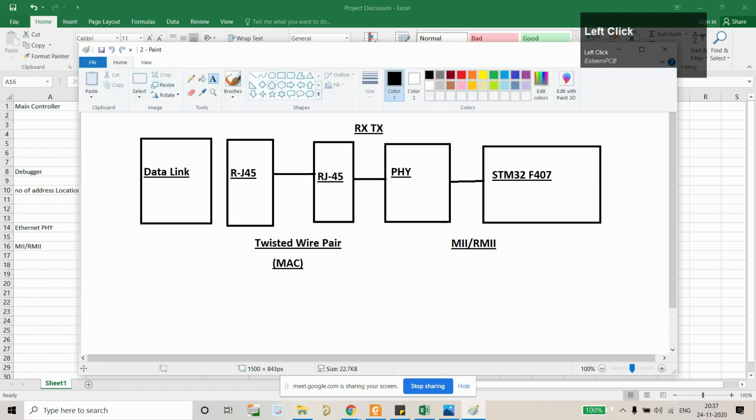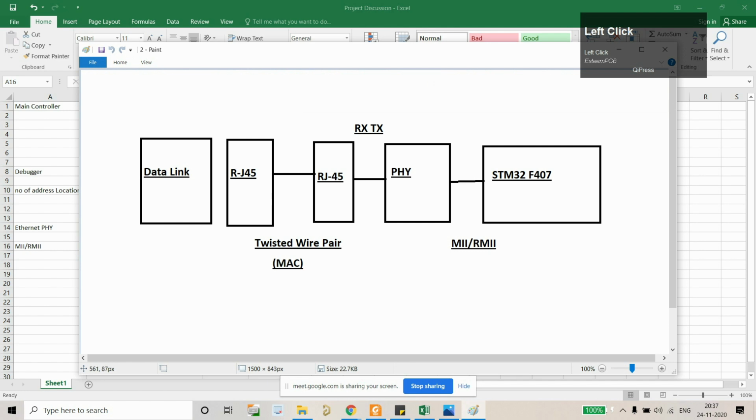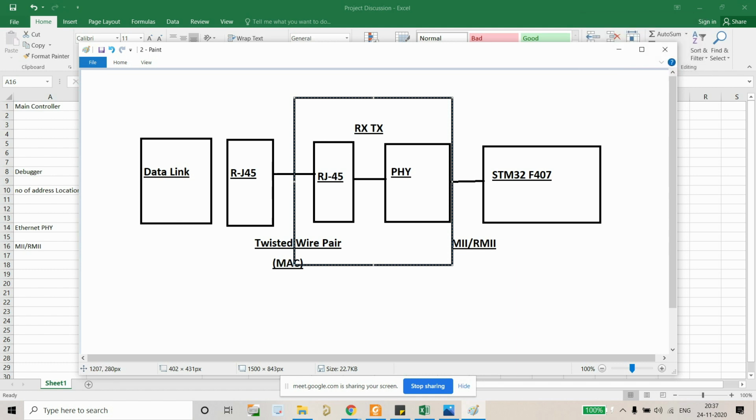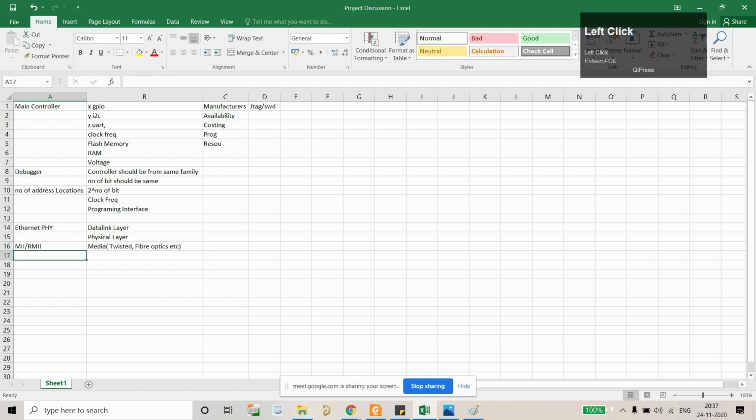If I block this section, okay, so this is media, right? This whole section is media, which is connected to our STM controller, and it has an interface of MII and RMII, right? Okay. So again, RMII means reduced media independent interface.